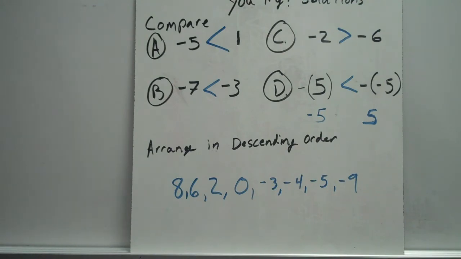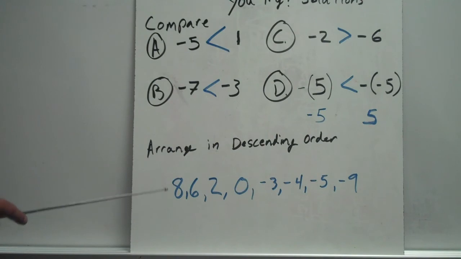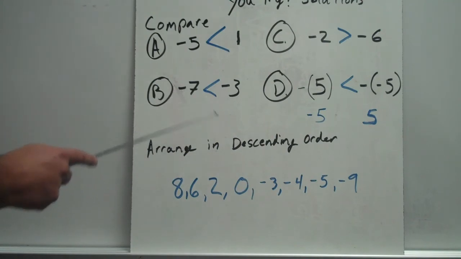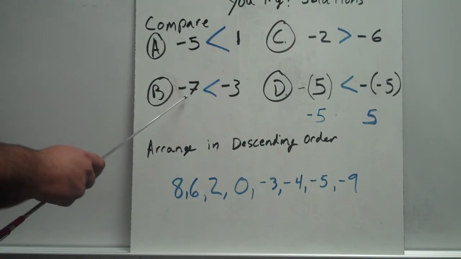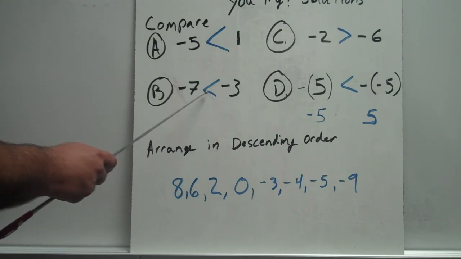So when we're comparing the numbers, we know that a positive number is larger than a negative number. So 1 is larger than negative 5. When we're comparing two negatives, the numbers further right on the number line are larger than numbers further left. So here, negative 3 is larger than negative 7.